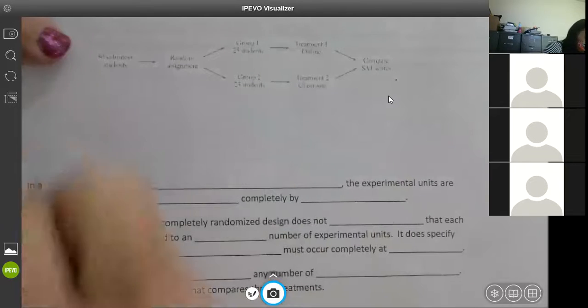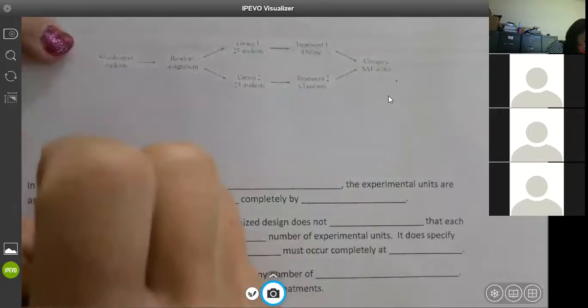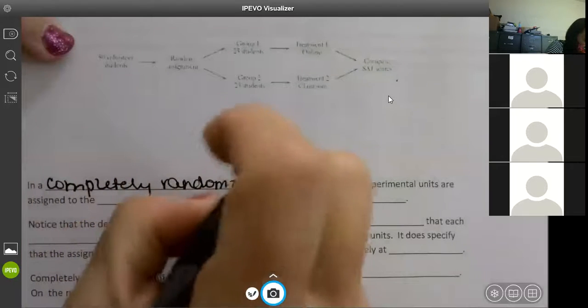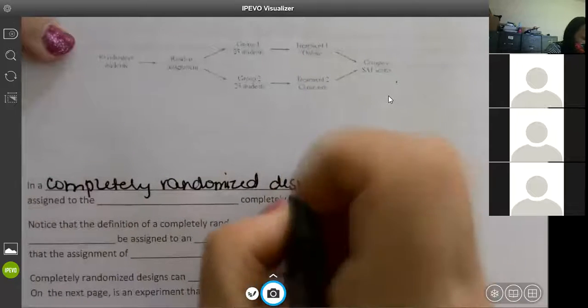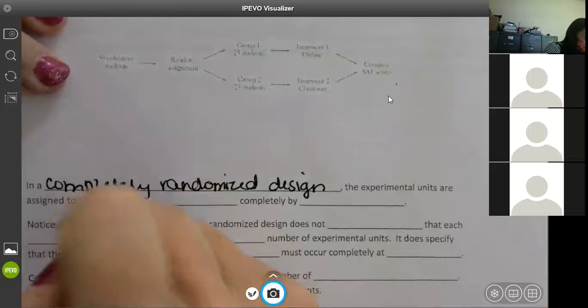In a completely randomized design, the experimental units are assigned to the treatments completely by chance.